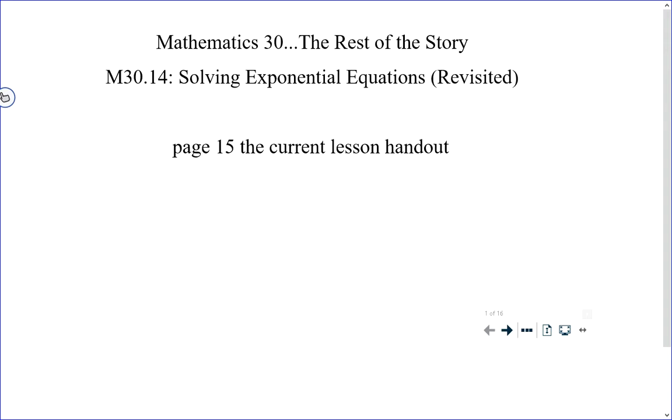What we're looking at today is lesson 30.14, which is solving exponential equations. And we've already learned how to solve exponential equations by taking both sides of the equation and expressing them using the same base. However, what we're going to be doing today is looking at solving equations where that's not possible.